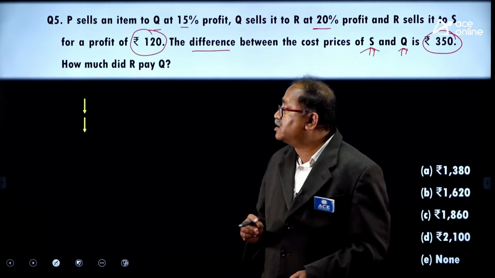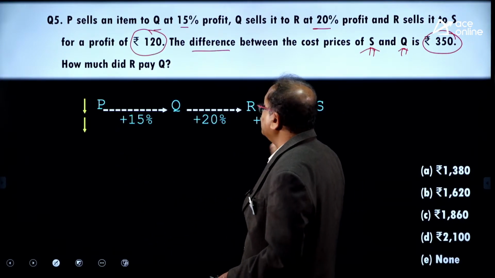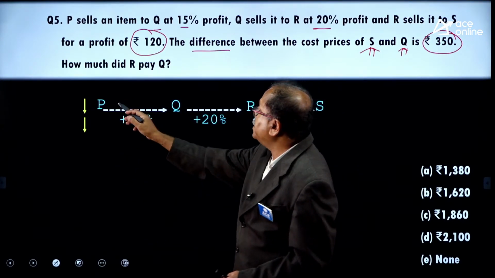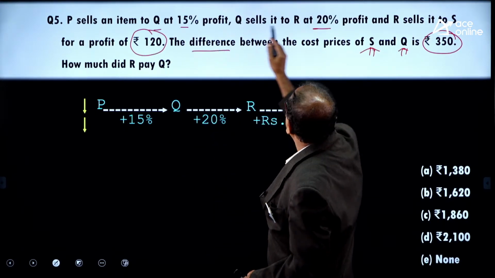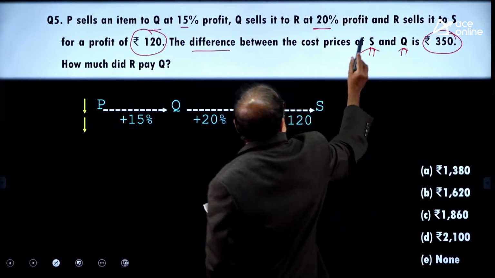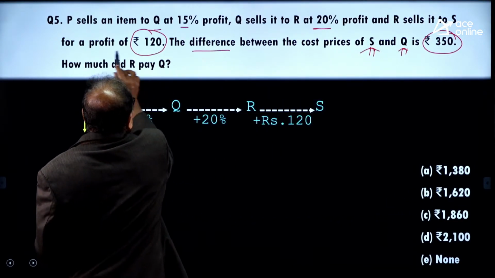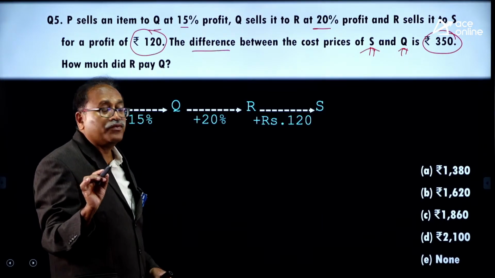In order to clear this question, I just mention over here the way the question is moving on. P sells to Q at 15% profit, Q sells it to R at 20% profit, and R sells it to S at 120 rupees profit.